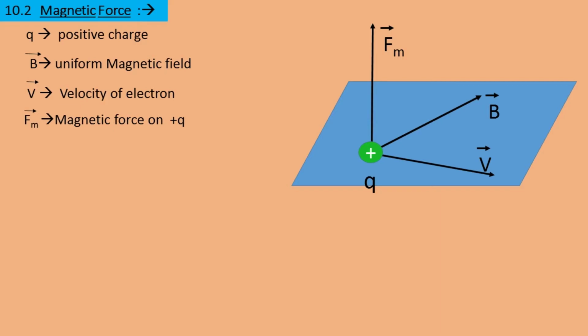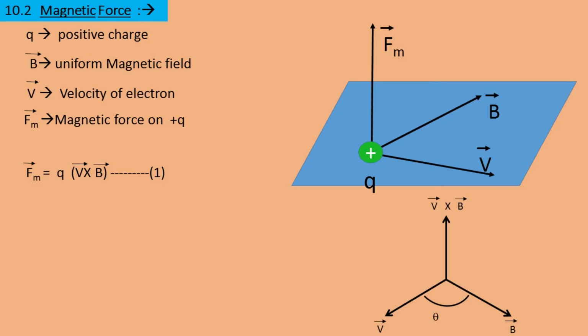Fm is given by the formula: Fm vector is equal to Q into bracket V vector cross B vector, where Q is the magnitude of the charge, and V vector cross B vector gives the vector product of two vectors, which is the third vector, that is Fm vector. We can see this in the diagram also.